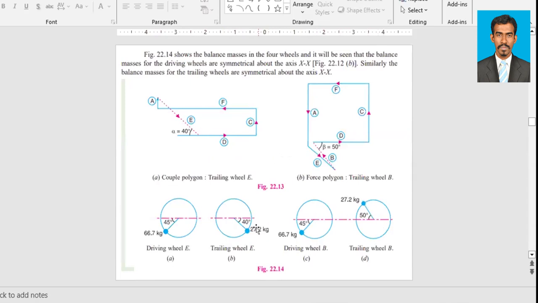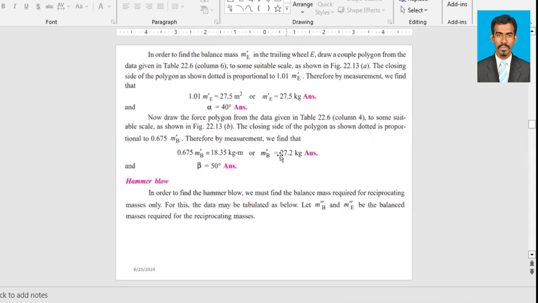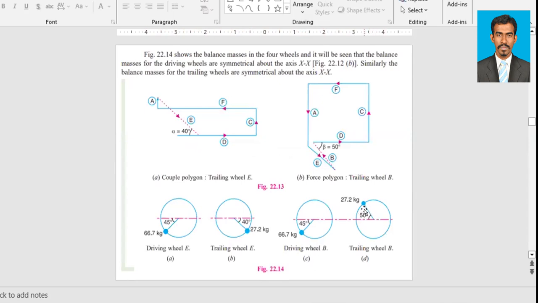Okay, it's here. 27.2 at alpha is equal to 40 and 27.2 at beta is equal to 50, right? So these are the rough positions where we are going to place the balancing masses, right?